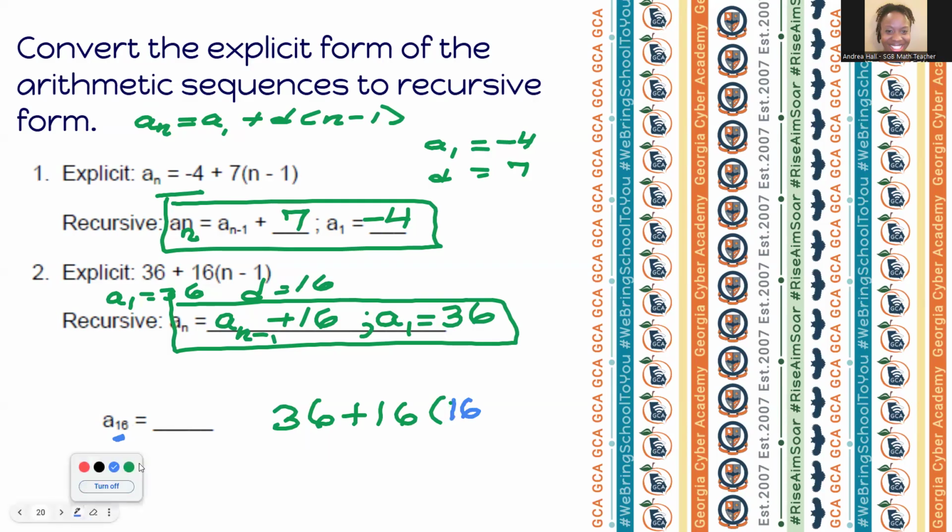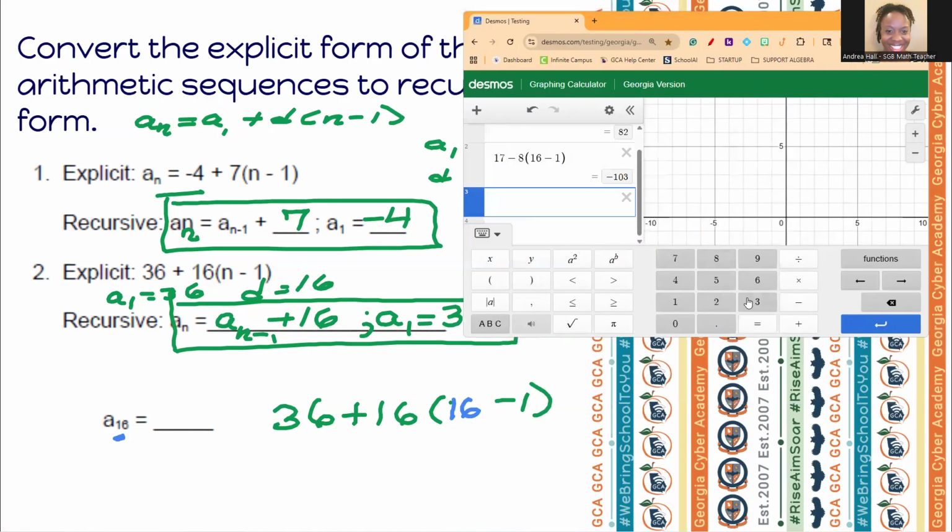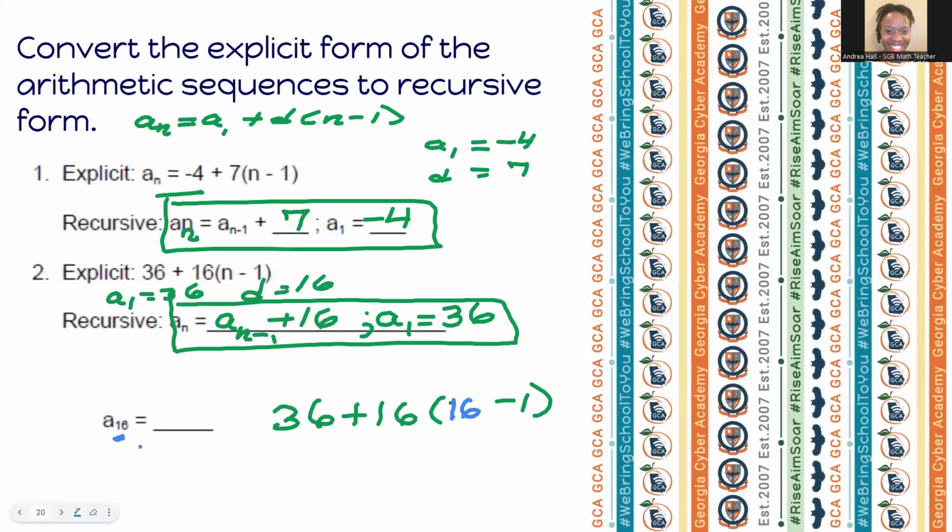Plug that into your calculator: 36 plus 16 times (16 minus 1). 276. There you go. You definitely don't want to be using a recursive formula for that. That's a lot of numbers. 276 is your answer for a sub 16 in this problem, number 2.